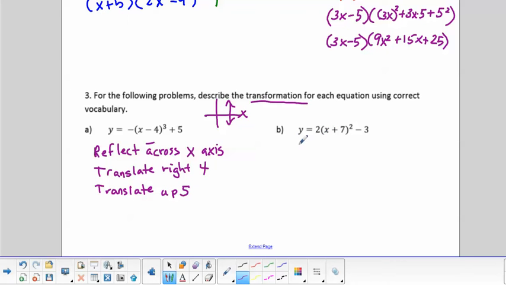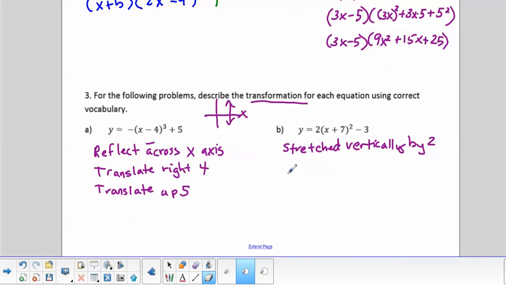So we're going to say stretched vertically by 2. And then shifted, the -3 is the up-down, so that's shifted down 3. Or translated. I'll use translated to be consistent here. Down 3.